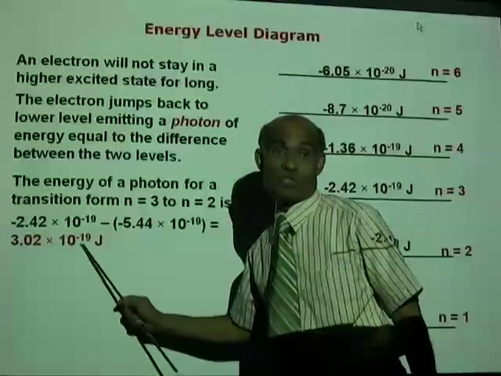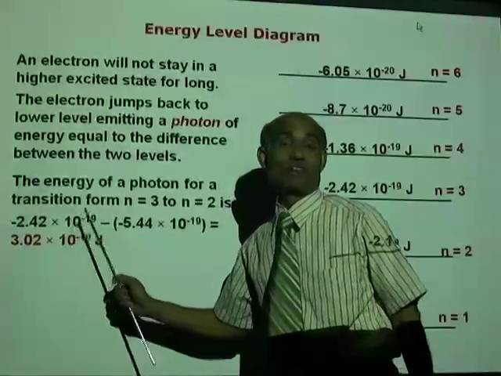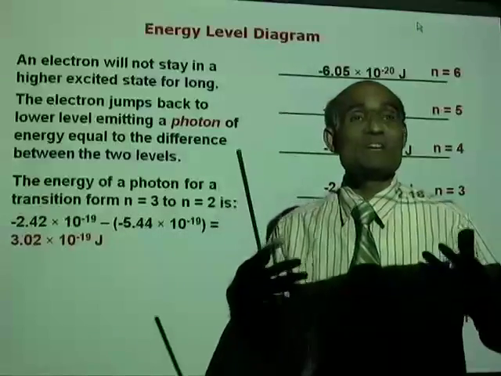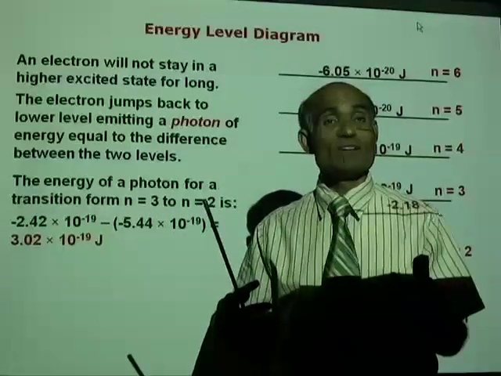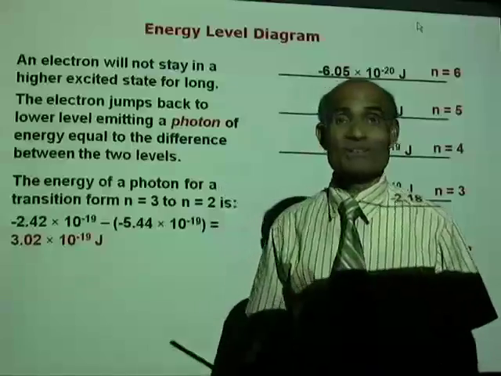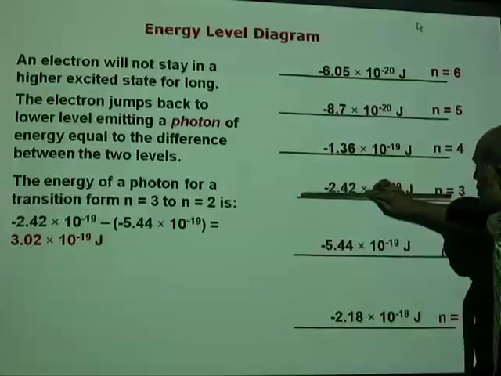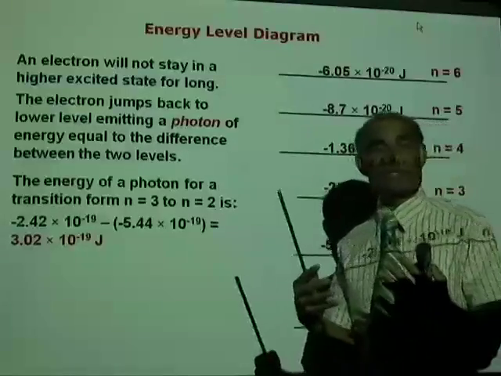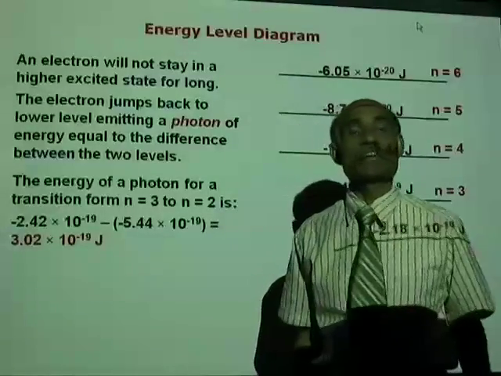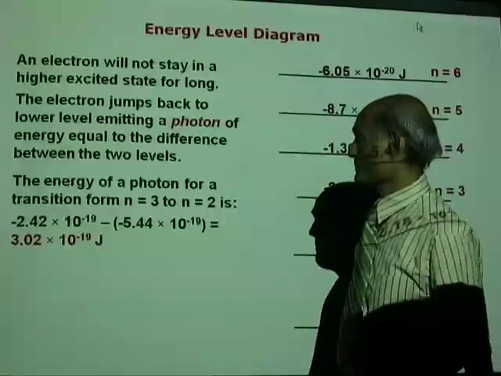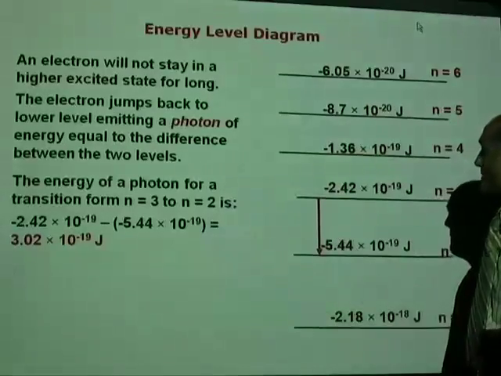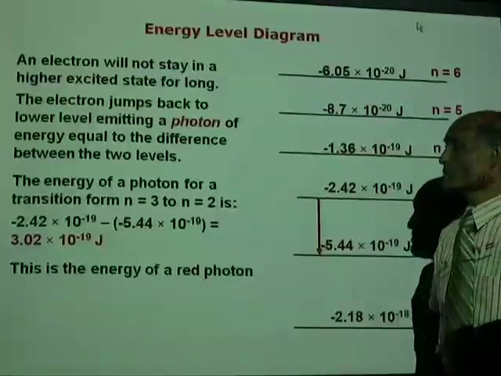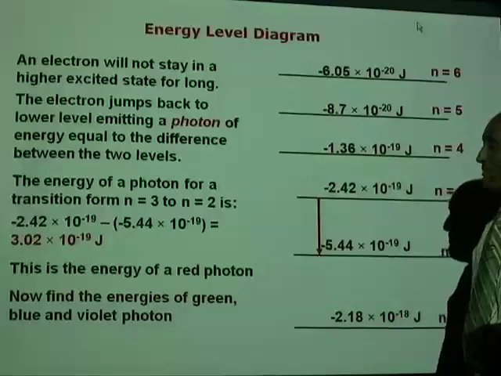And I used red color for that because this is the energy of the red photon. Because when an electron jumps from n equal to 3 to n equal to 2, that particular transition results in the emission of the red photons. There you got the red. Now, this energy is the energy of the red photon.